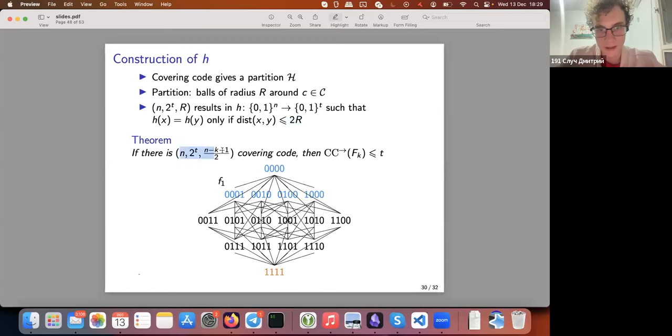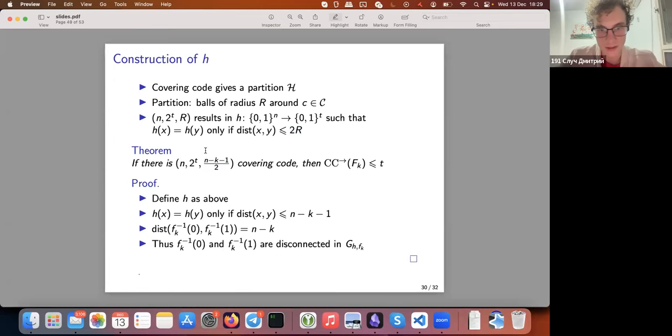That's the example that if a code with such parameters exists, then the distance between 2 points in H is at most n minus k minus 1, and the distance between zeros and ones is n minus k, and because of that, these 2 points are disconnected.